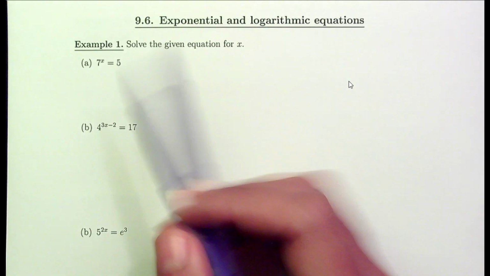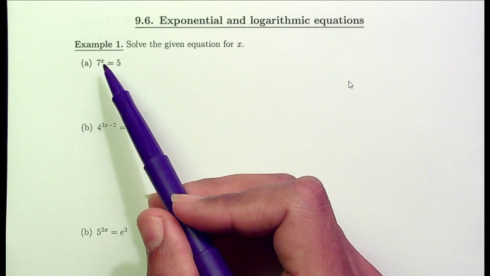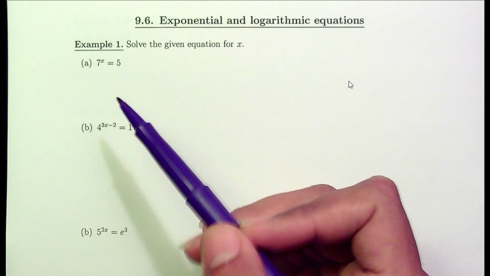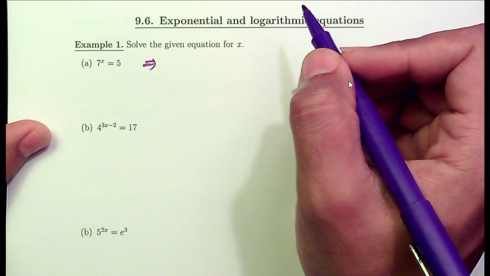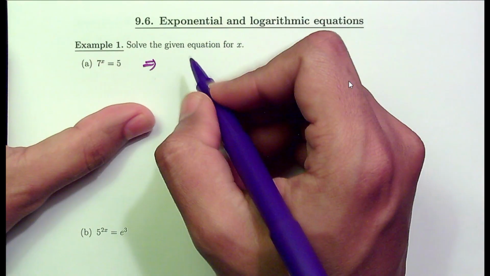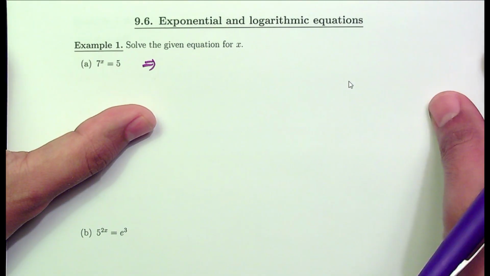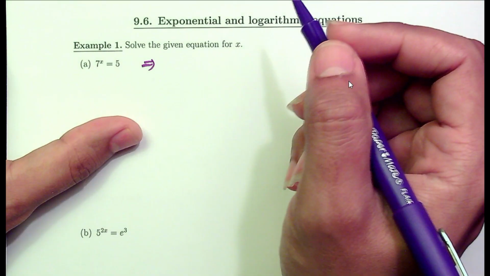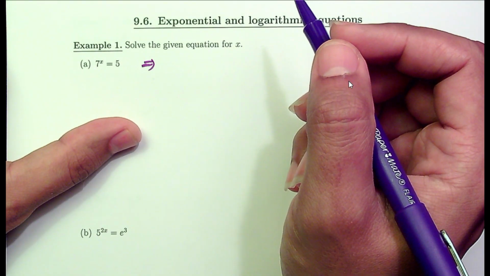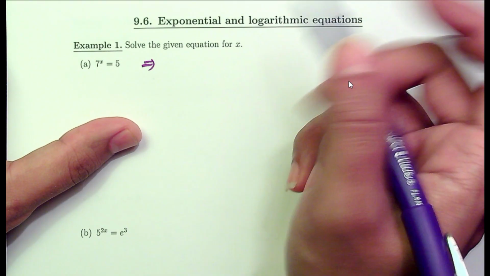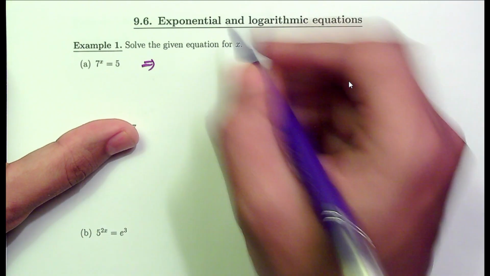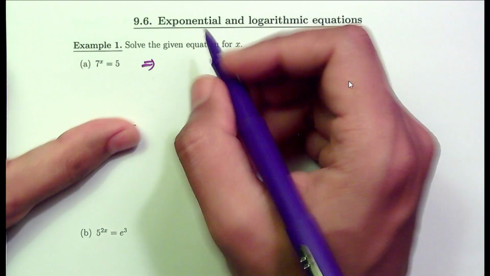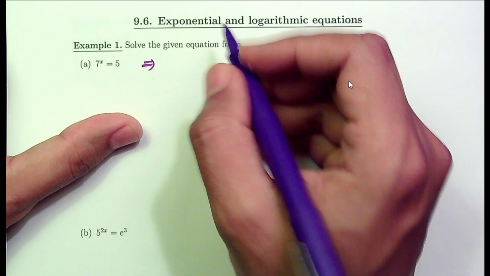So the idea is that you have variables up there as exponents, so you can bring them down by taking logarithms. So we're going to take logarithm on both sides and you'll see what happens. You can take any logarithm, but usually I take ln. ln, the logarithm with natural base, is the most commonly used one, so that's the one I use. But in theory, you could use any base for the logarithm.